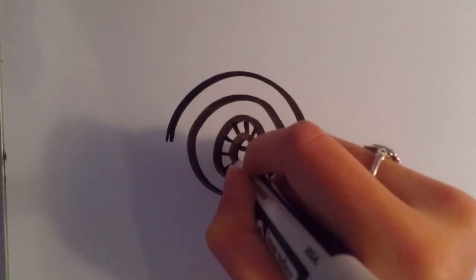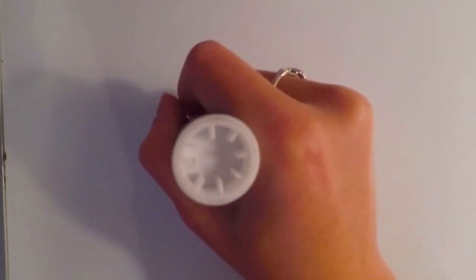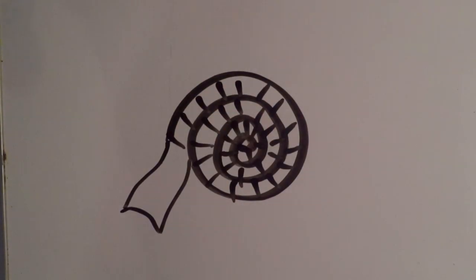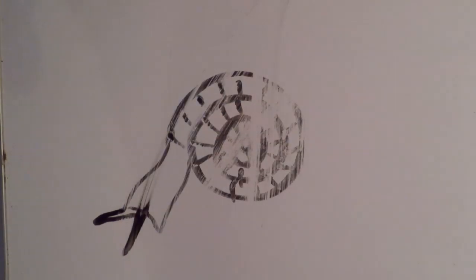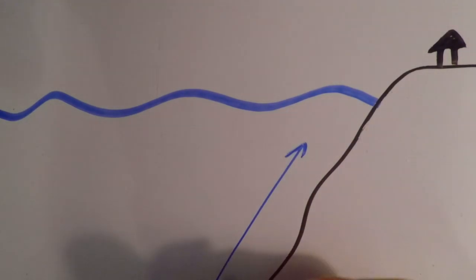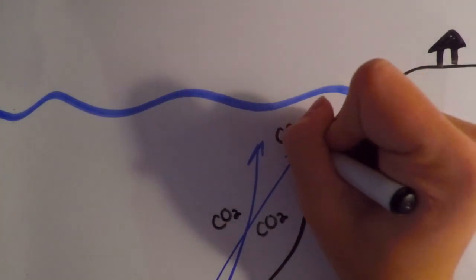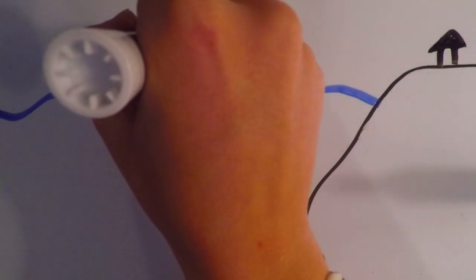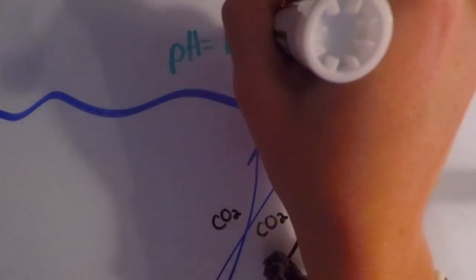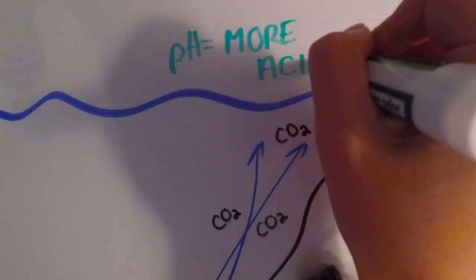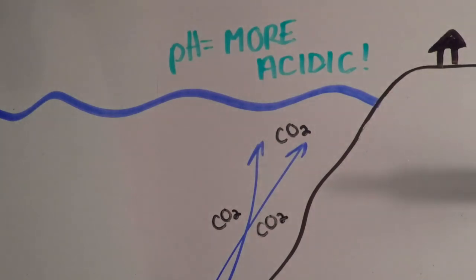Pteropods, specialized free-swimming pelagic sea snails, have already showed signs of dissolved or brittle shells. And most greatly affected seems to be the larval stages of many of these organisms, with higher mortality rates already observed in areas of upwelling, where those deep CO2-rich waters cause a drop in pH.